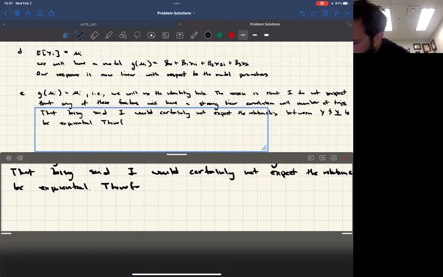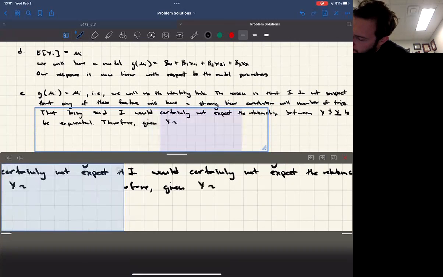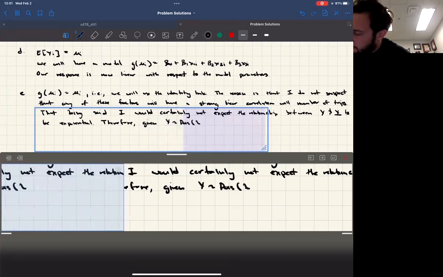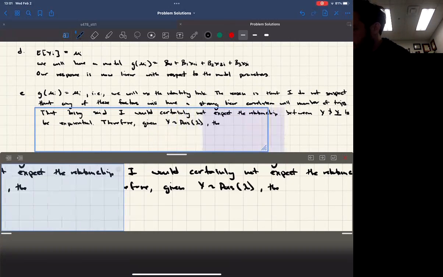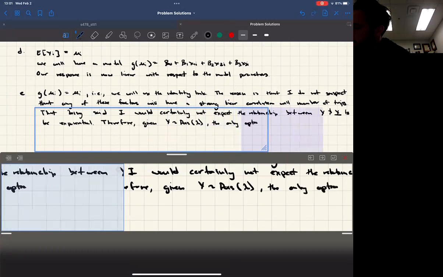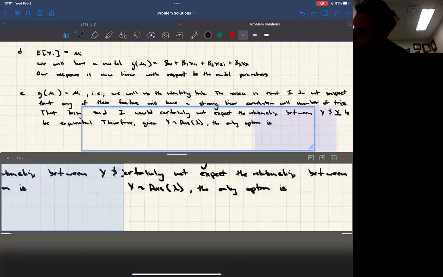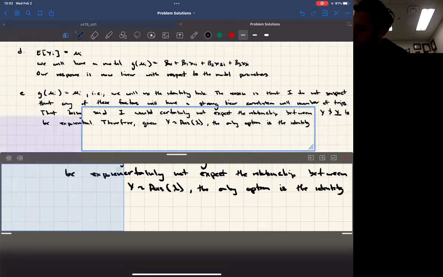Therefore, given Y distributed Poisson lambda, the only option is the identity.